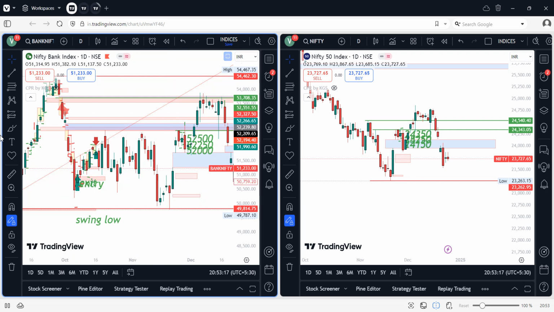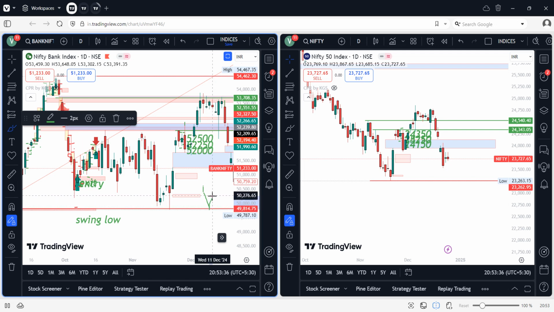Let me decode this candle for you. The market started falling from here, till here, and it took support here. This wick is the representation of that.